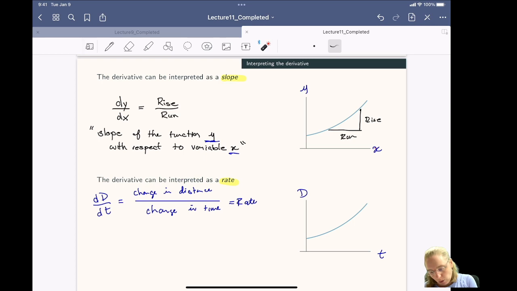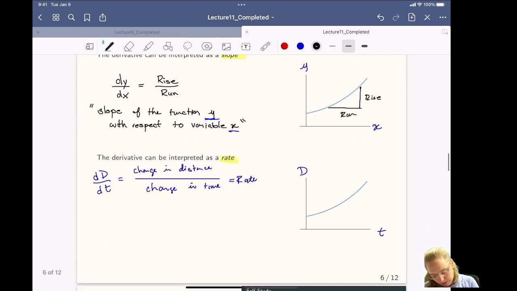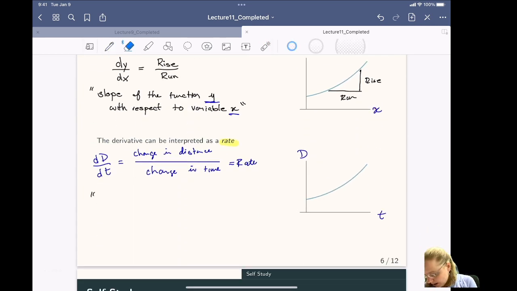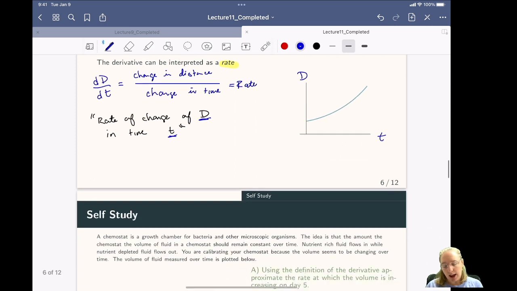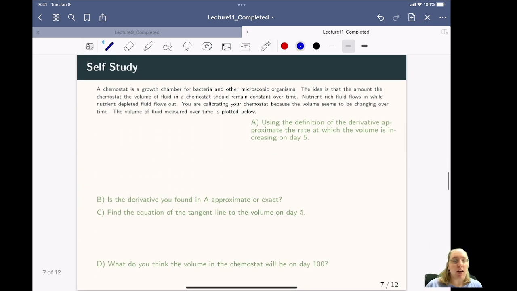All right, so a way to say this in words is that we have the rate of change of d in time t, where d and t are dependent and independent variables. All right, so with that interpretation, please use that to complete the self-study question, and I'll see you in class.